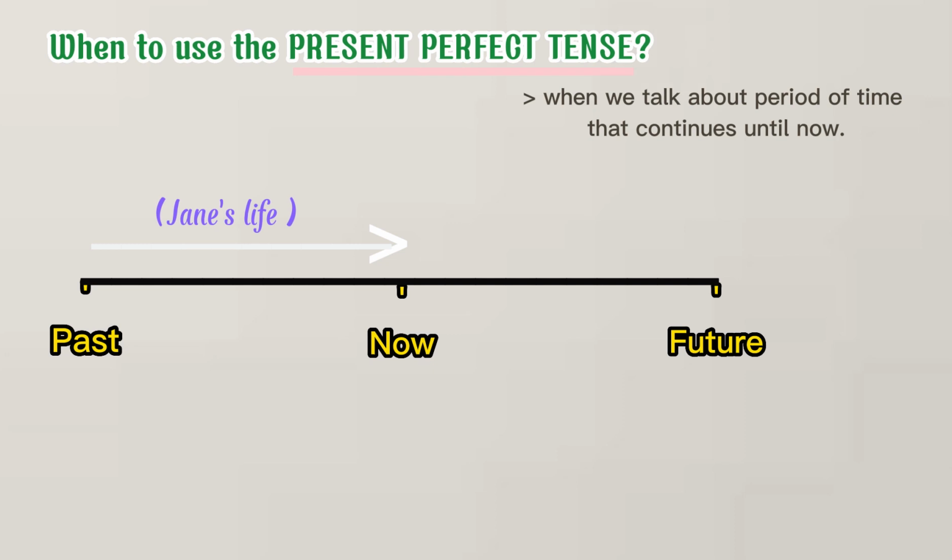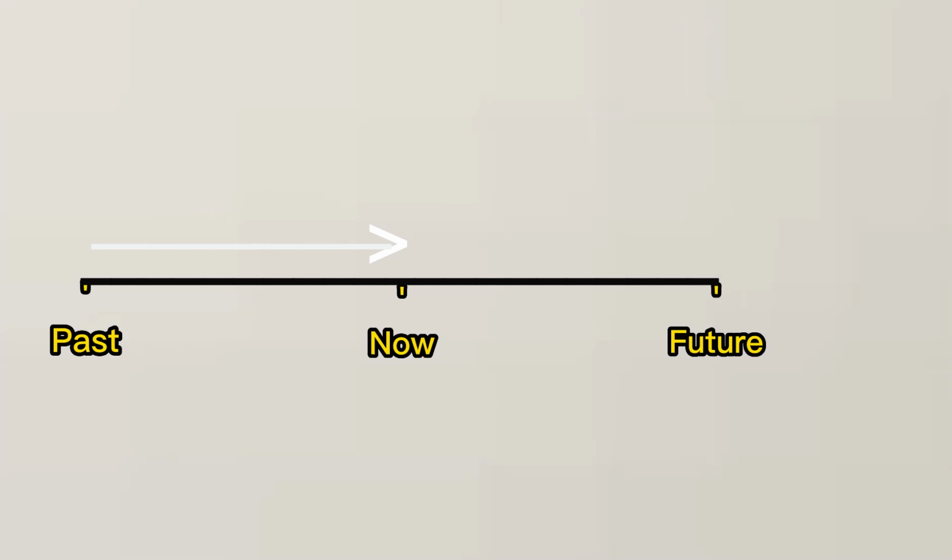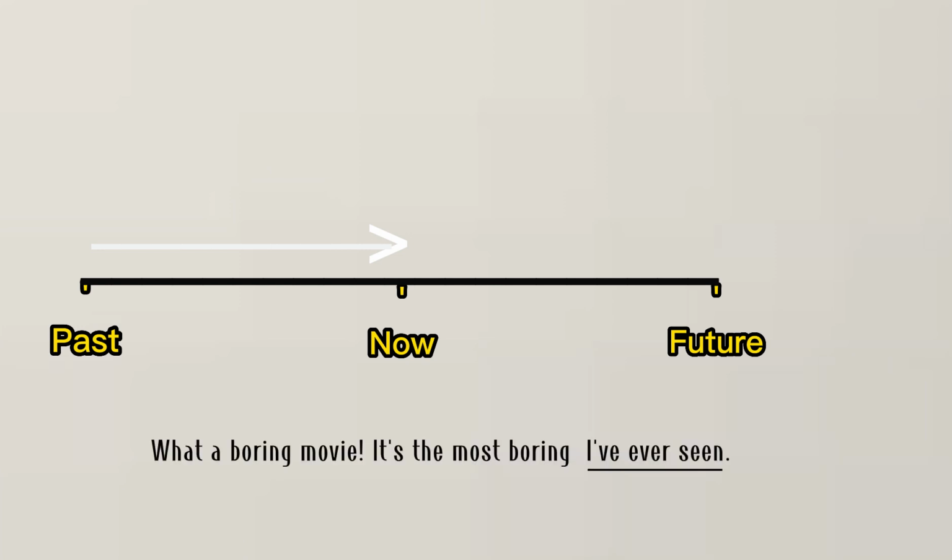Now let's have another example with the use of this timeline. For example, you're watching a movie now and you say, what a boring movie. It's the most boring movie I've ever seen. So in your entire life until now, this is the worst movie.